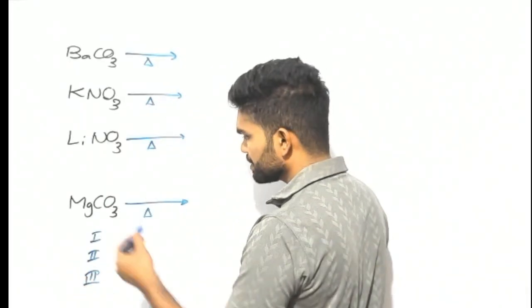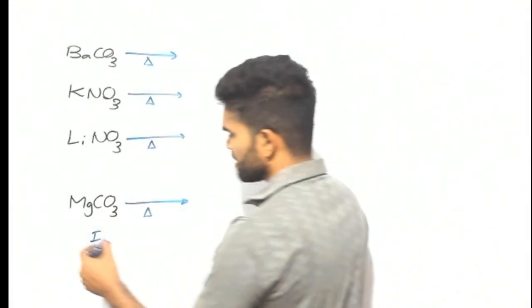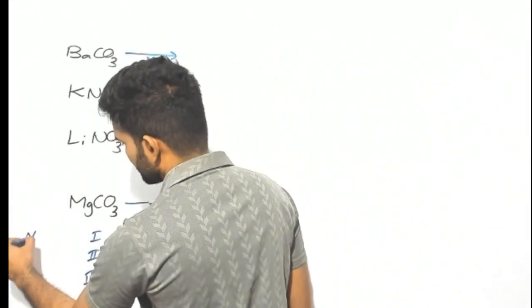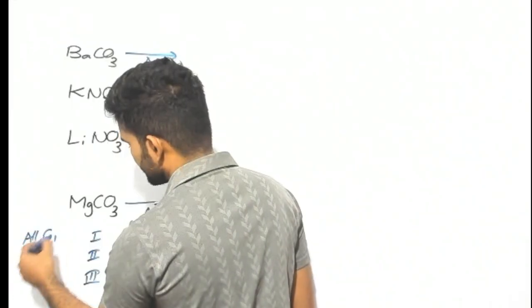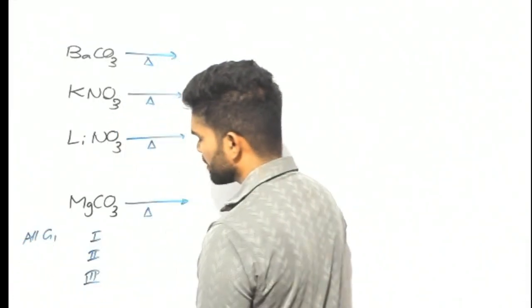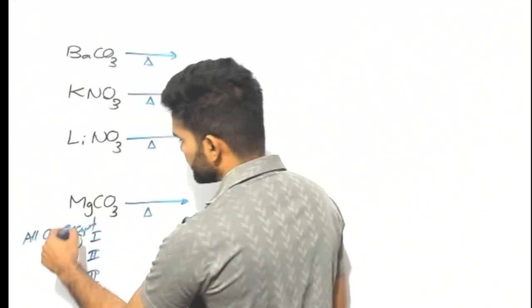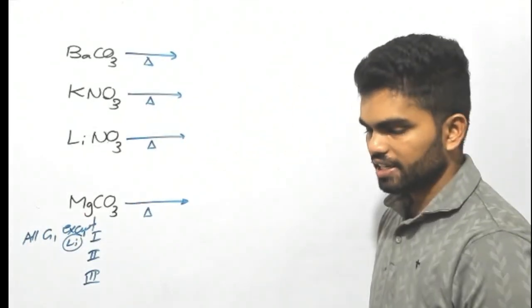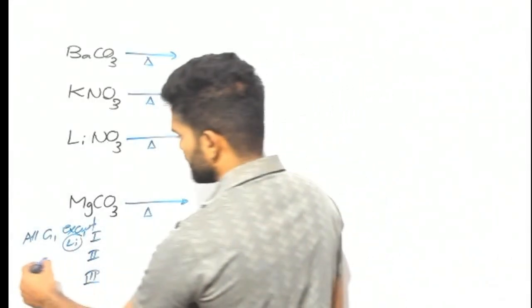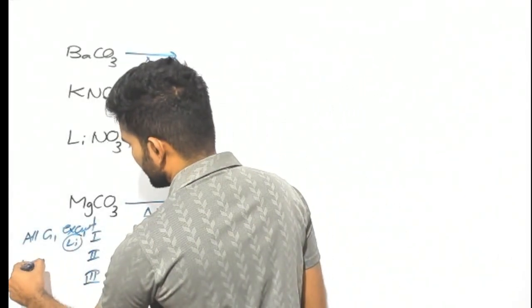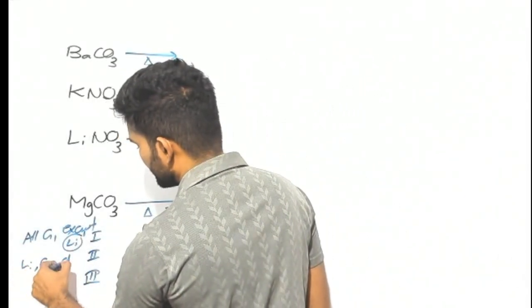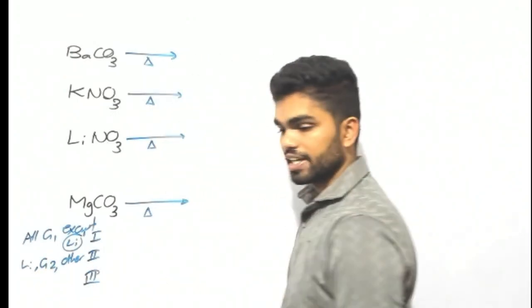To the first category, what are the ionic compounds that belong? All group 1 except lithium. To the second category, we have lithium, then group 2, then other moderately reactive metals.